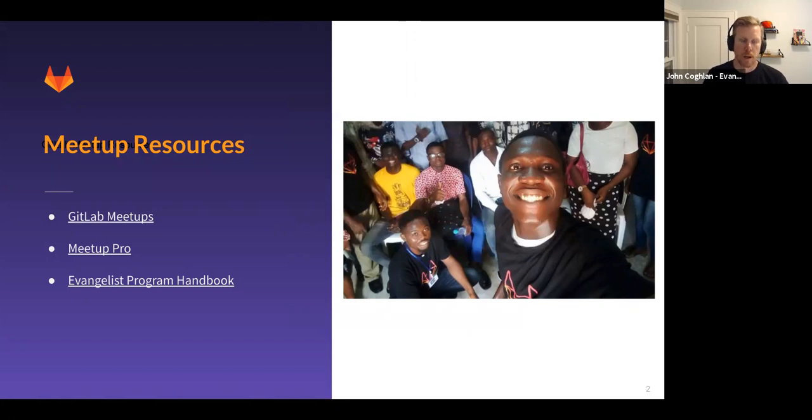I think using images, like when you're promoting your meetup on social media or creating the event page, try to include diverse people in the images so that people that are visiting your event page can see people that look like them, regardless of what their race or sex or ethnicity is.